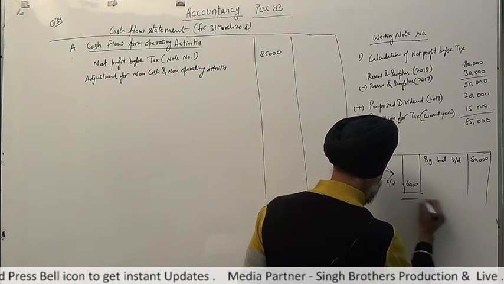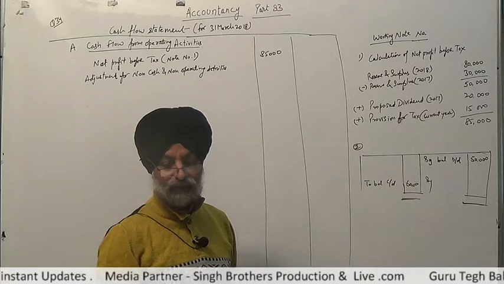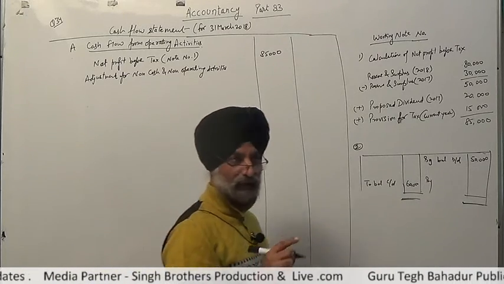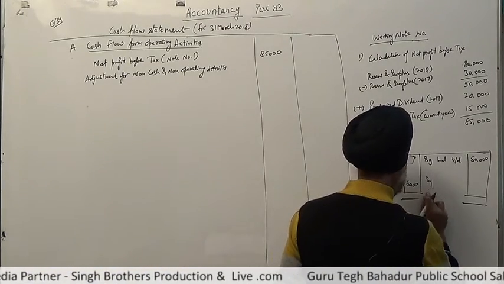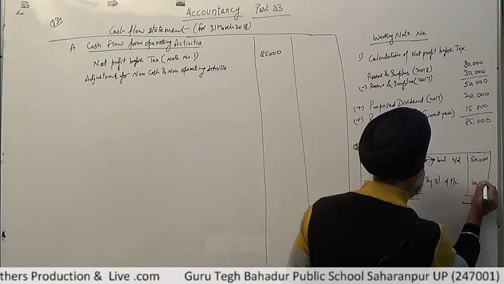So there is a depreciation of 10,000 rupees. So this is to be charged in the statement of P&L. So record this here, statement of P&L, 10,000 rupees.